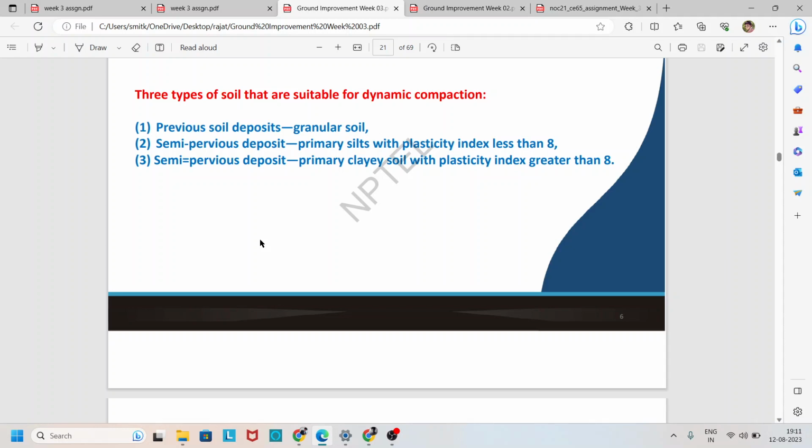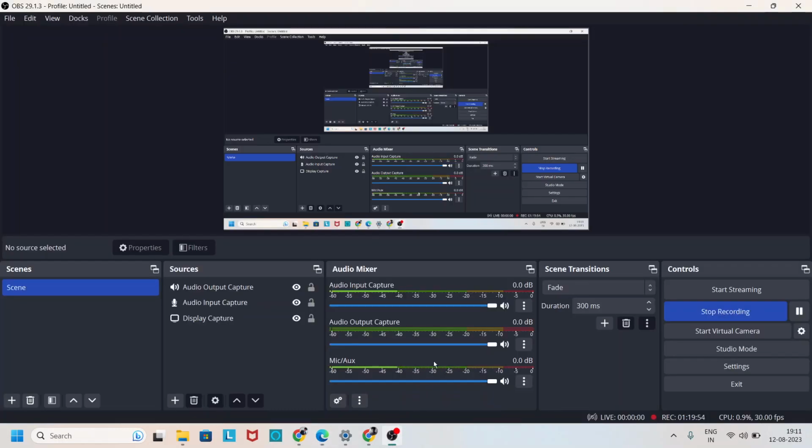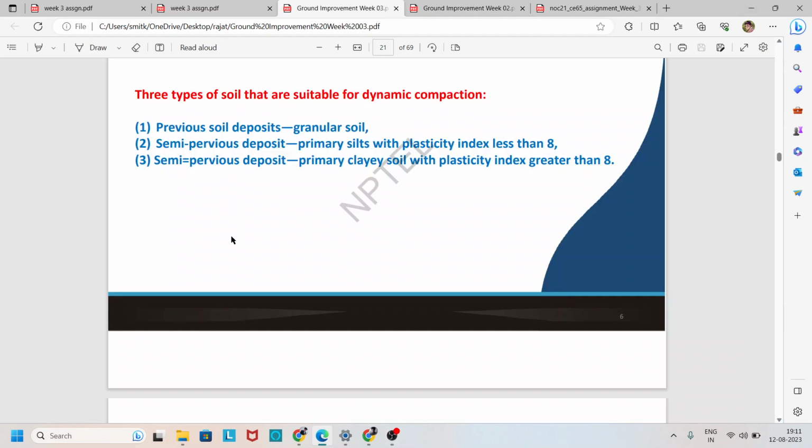One is pervious soil, and the second is semi-pervious deposit with plasticity index less than 8, and another one is plasticity index greater than 8.